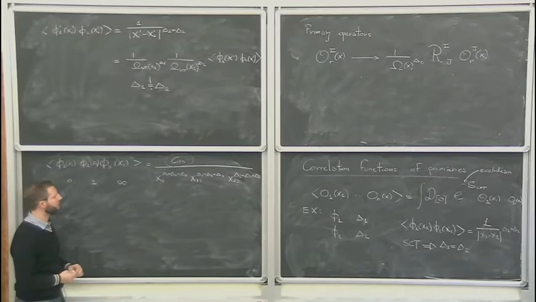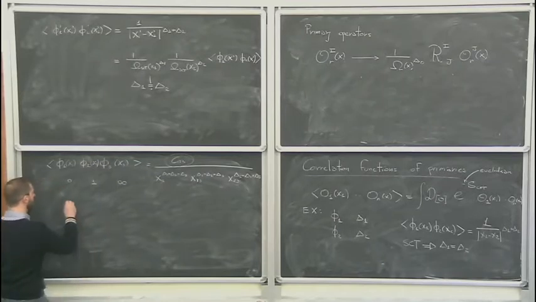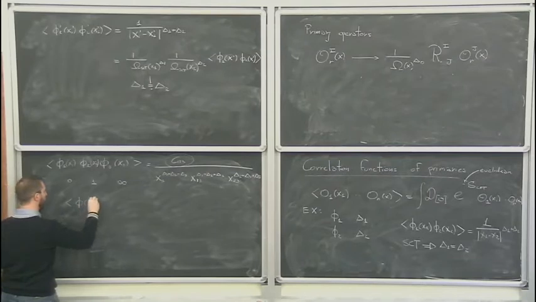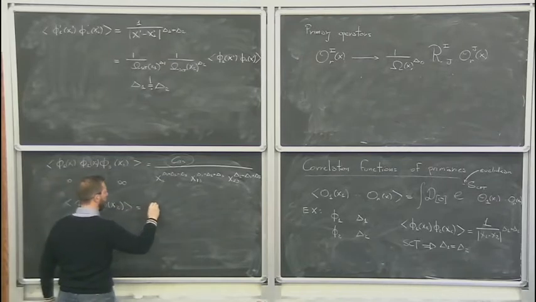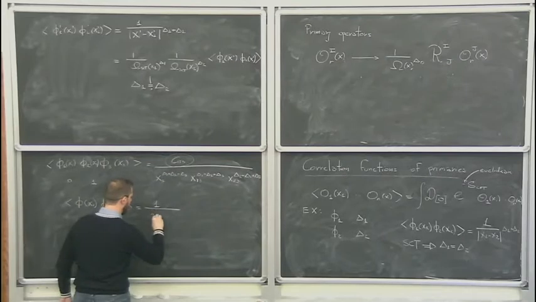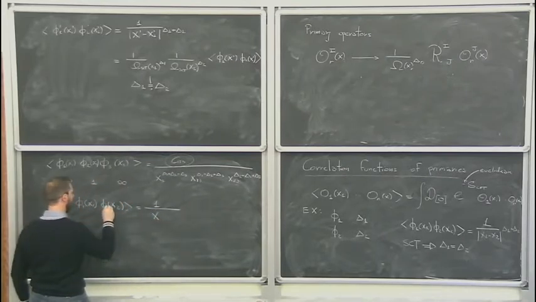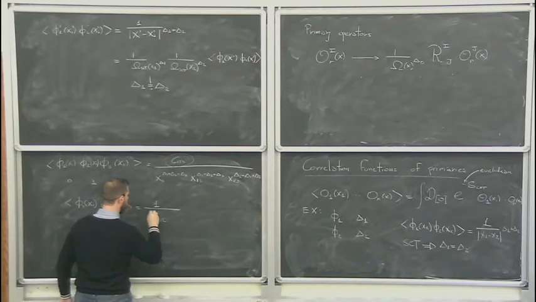While two-point functions instead are also fixed by conformal symmetry, but in that case, the constant can be reabsorbed in their definition, and it's x12 to the power 2 delta.